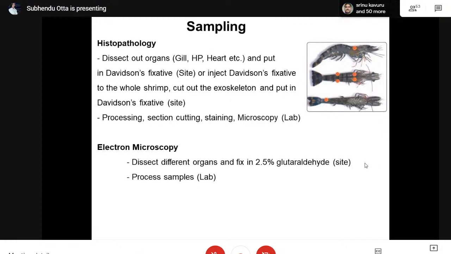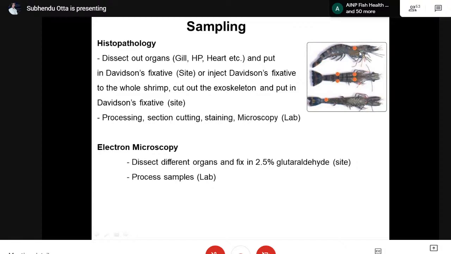So now, to do the diagnosis, the first step is sampling. That is very important: how you do the sampling. If you consider histopathology, there are different fixatives, but for shrimp, Davidson's fixative is considered the most suitable. That's how it keeps the tissues intact, and you can diagnose the disease.